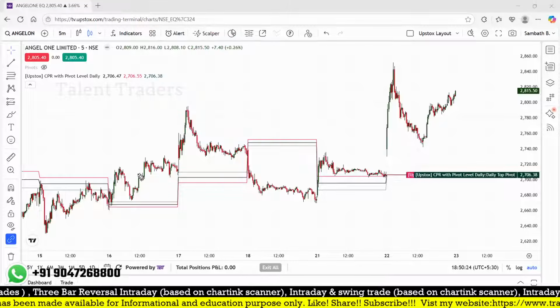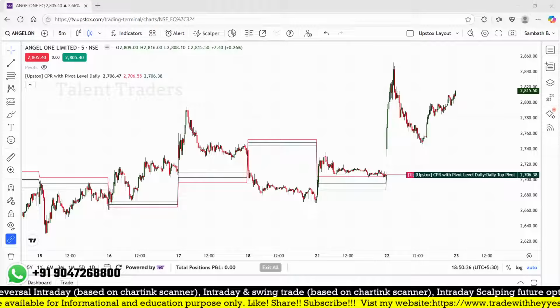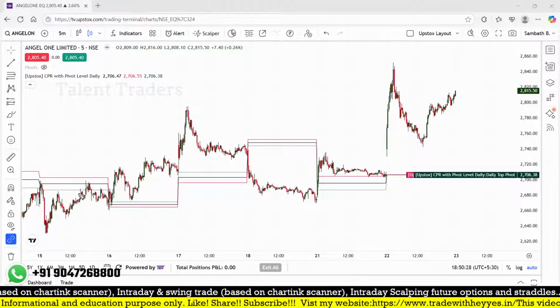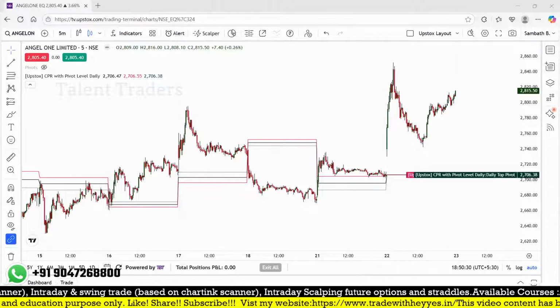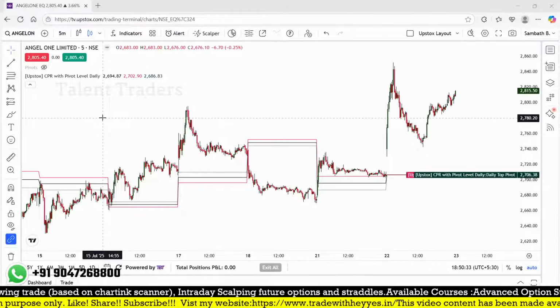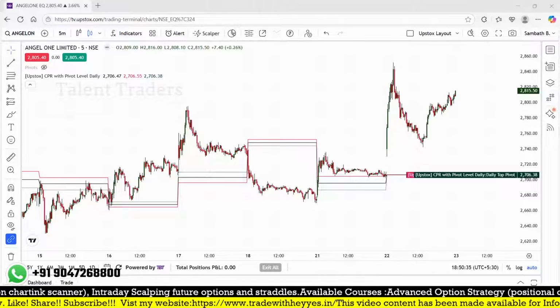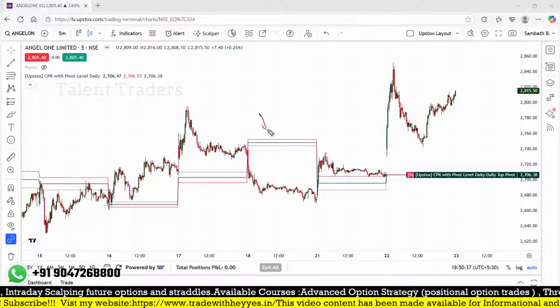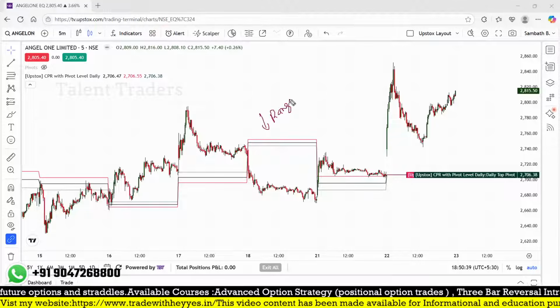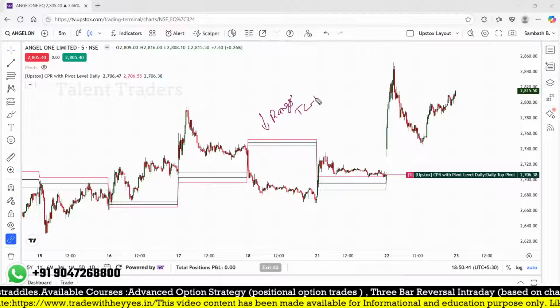After that, we create a custom indicator. How do we create a custom indicator? For example, I'm going to calculate the range of each and every day, the range being TC minus BC.